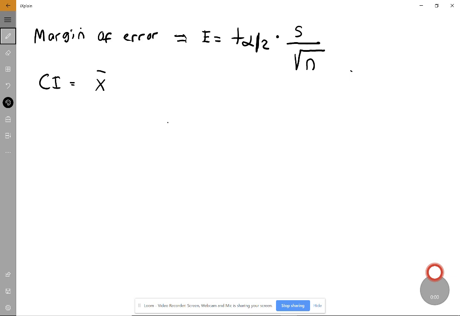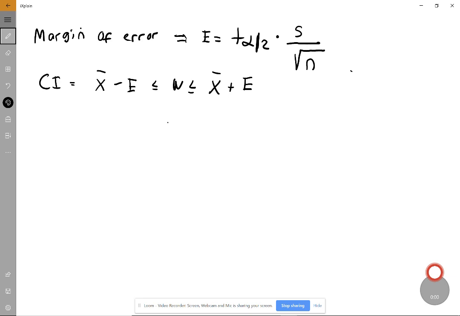We're using x bar to estimate mu, so we are relying on the sample's average to make predictions about the population average. So x bar minus E is less than or equal to mu, which is less than or equal to x bar plus E.